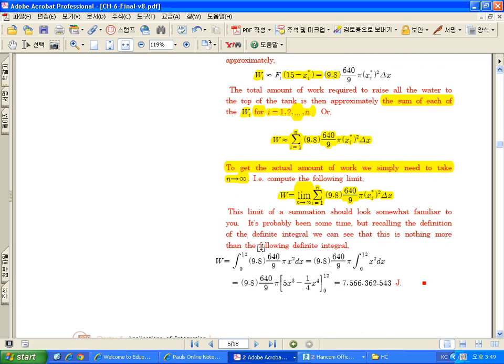The limit of the summation can be translated to the integral, delta x goes to dx, and the interval traveled is from 0 to 12. So W is the integral of this f of x from 0 to 12.